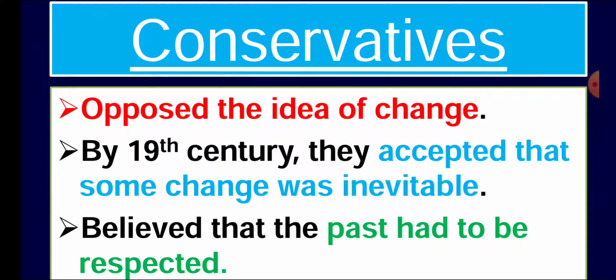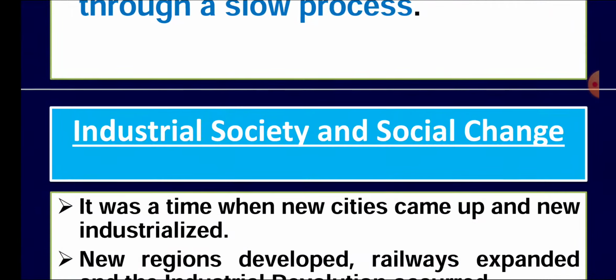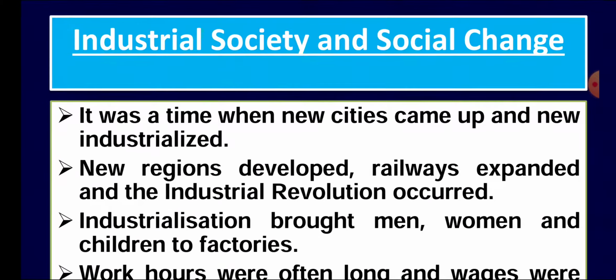Means in Tsar's rule, they were very happy. They didn't want to bring any change. Although with the passage of time, some of these conservatives believed that changes had to be brought, but in a very slow process. They were not in favor of complete change.